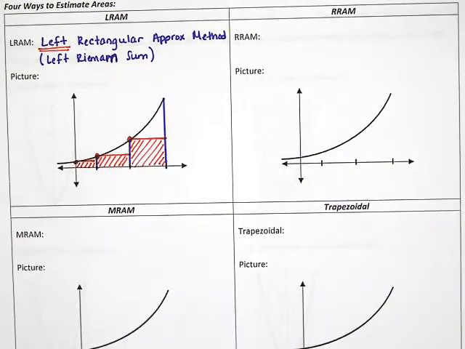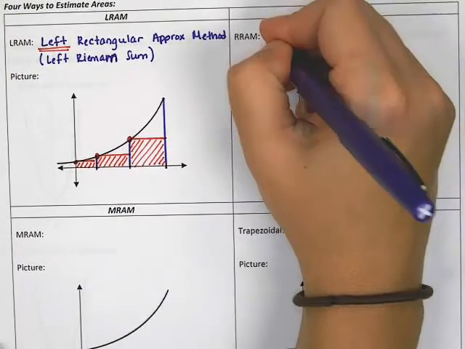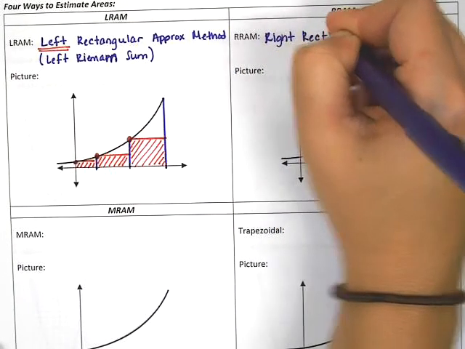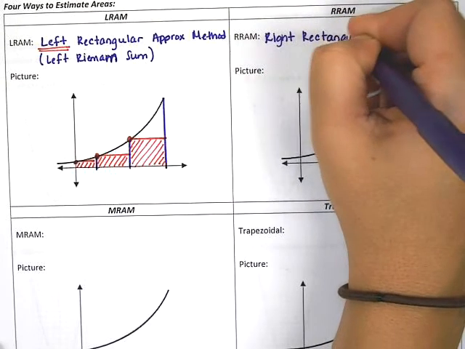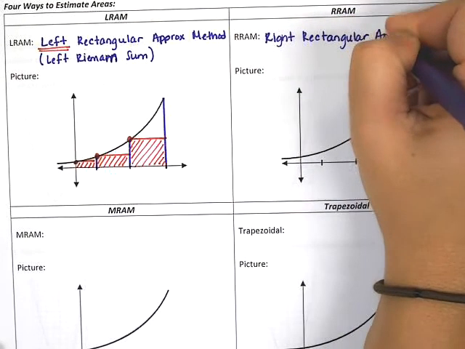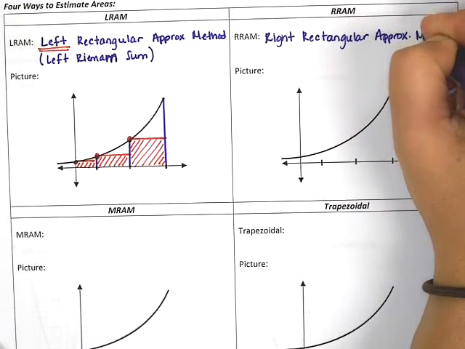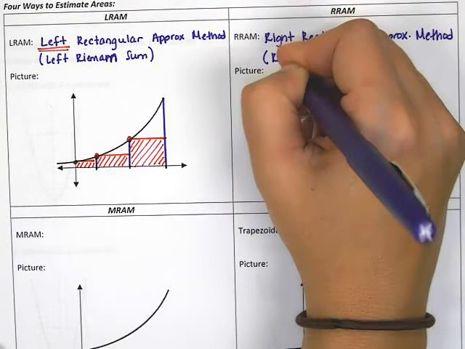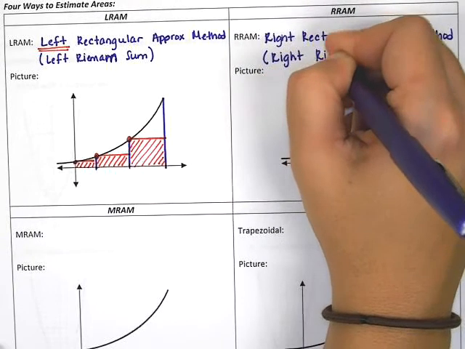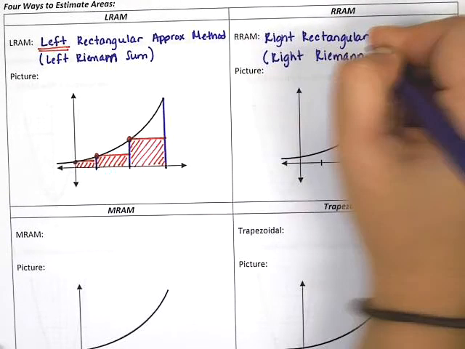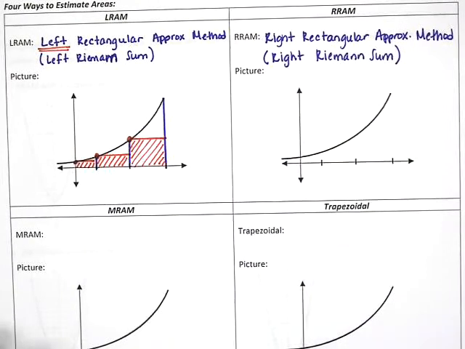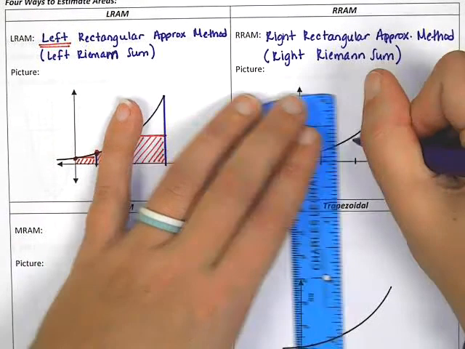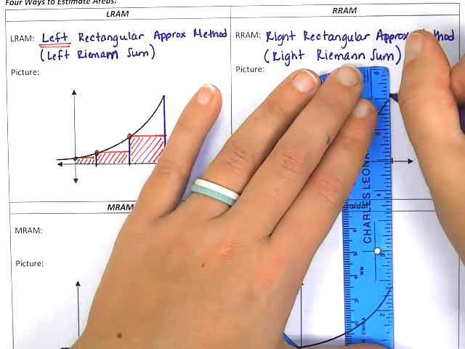Now, a second way to do this is a right rectangular approximation method. Or sometimes this is called a right Riemann sum. And again, we're going to divide up our graph into sections called subintervals.